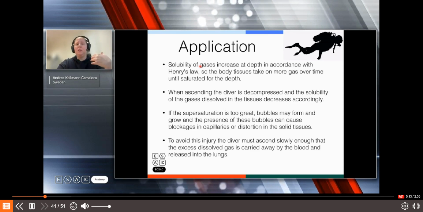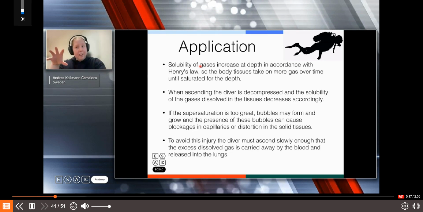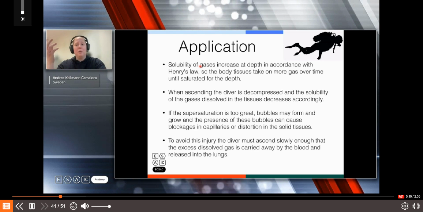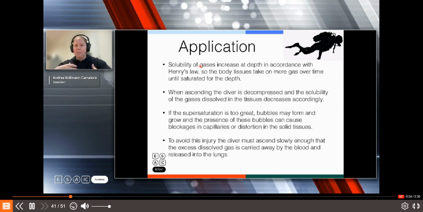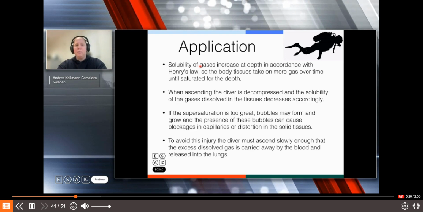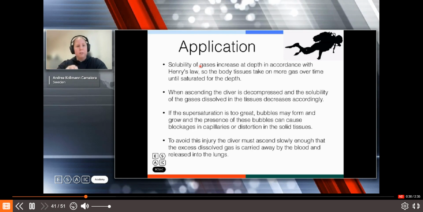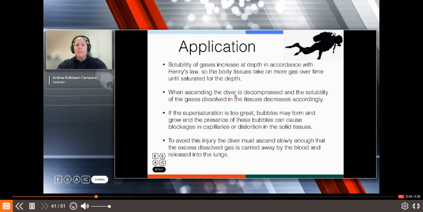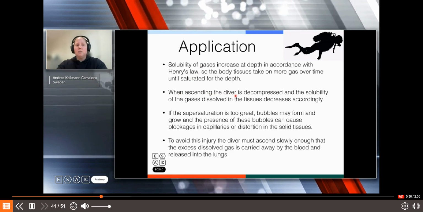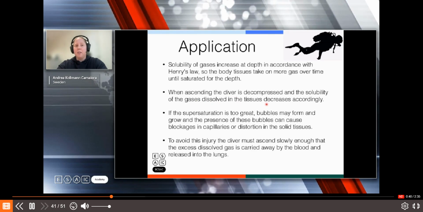So the body tissues take more gas because they're at a higher pressure. They are more soluble, so they dissolve in our tissues, and they become saturated for that specific depth, so that specific pressure. But when ascending, the diver is decompressed, and the solubility of the gases dissolved in the tissues decreases.